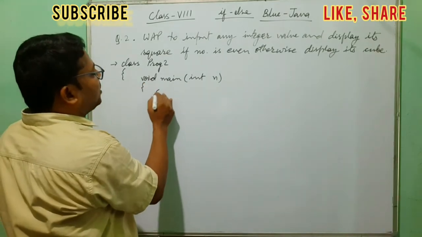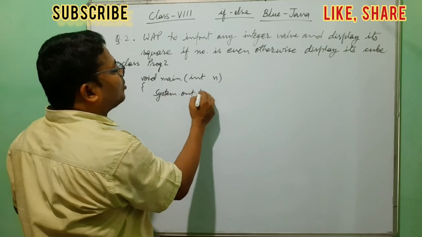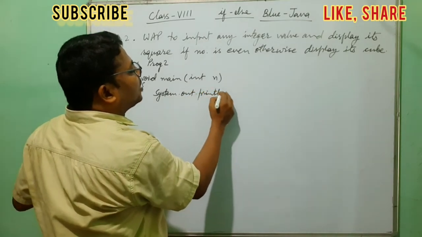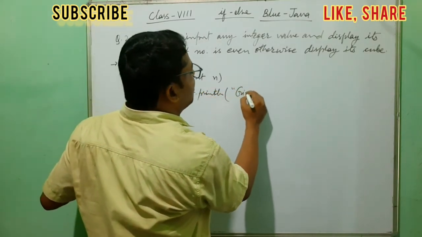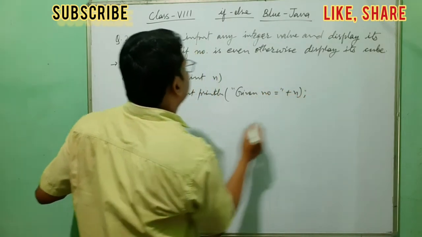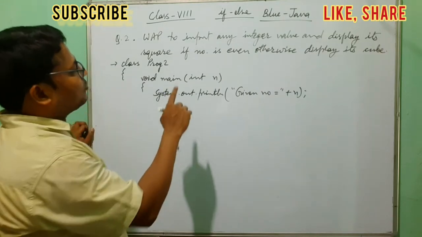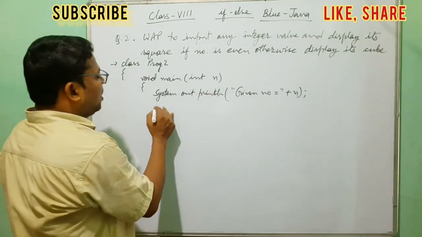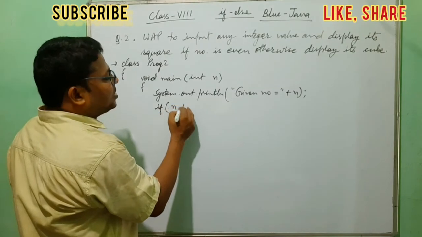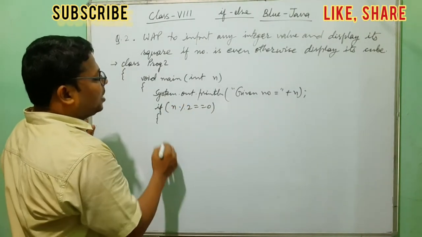After that you can display the message also: System.out.println("given number is equal to" + n). Now we have to check, and we need a square and cube also. You check first whether the number is even. If the number is even, then we need to display the square.